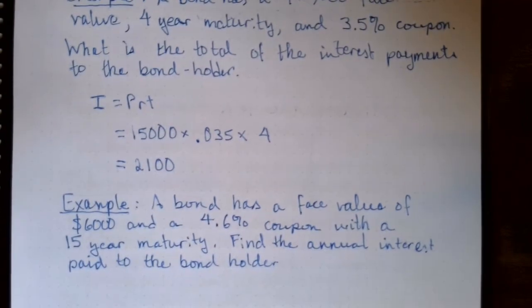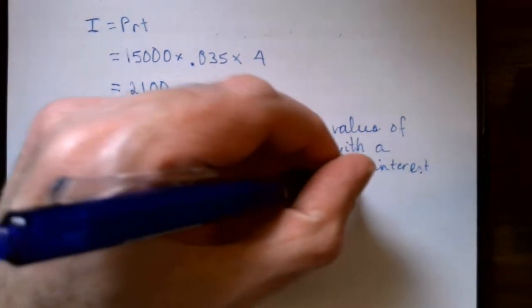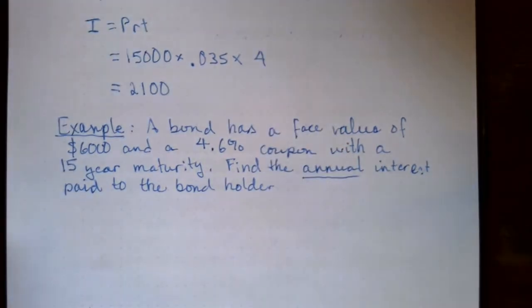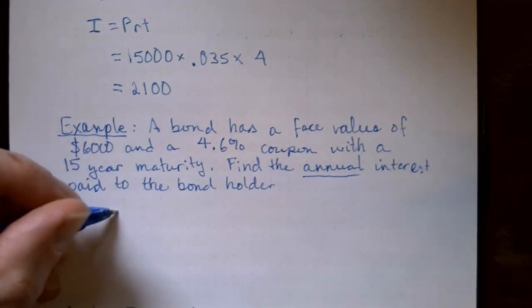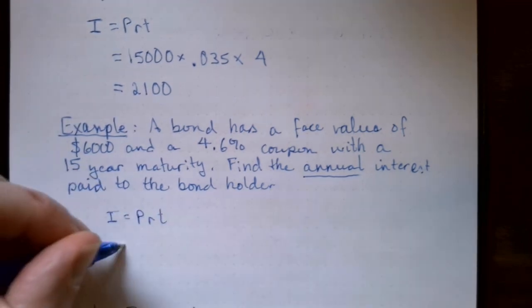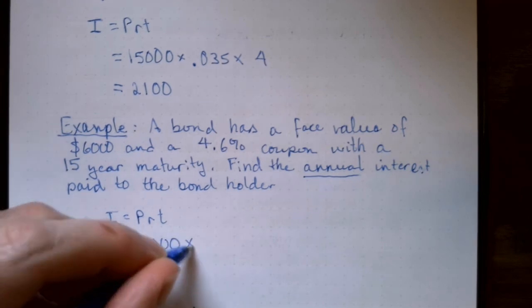Okay. You might also see questions asked like this. Obviously very similar. The only difference is this question is about finding the annual interest. So it's just 1 year's worth of interest. Even though it's a longer loan, they're asking how much will you get each year. Okay, well, we're still going to use the same simple interest formula, PRT. In this case, the bond is $6,000.